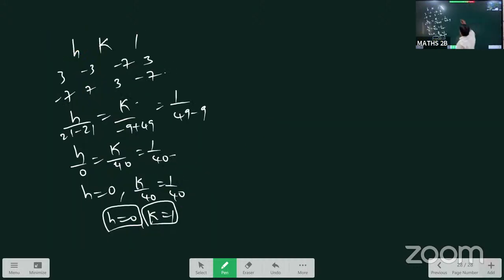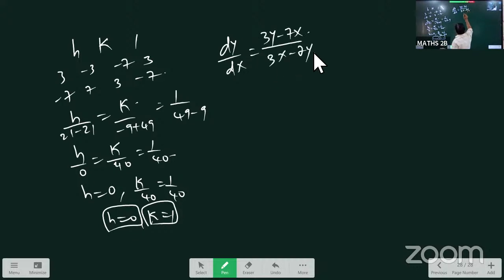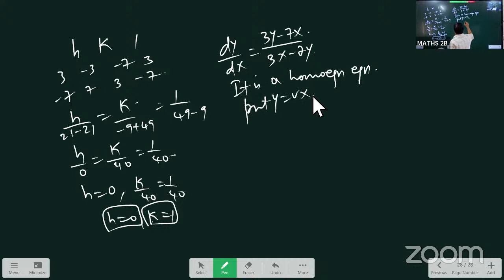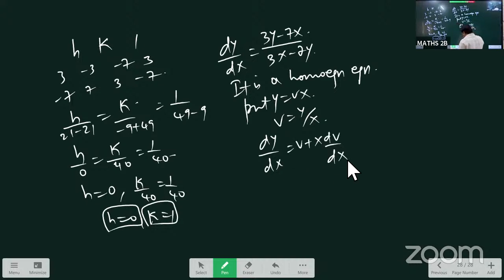Now it becomes dy by dx equal to (3y minus 7x) by (3x minus 7y). Now it is a homogeneous equation. Same: put y equal to vx, then v equal to y by x, and dy by dx equal to v plus x dv by dx, same thing. Now replace everything there.